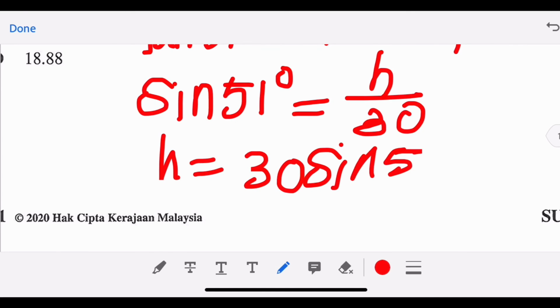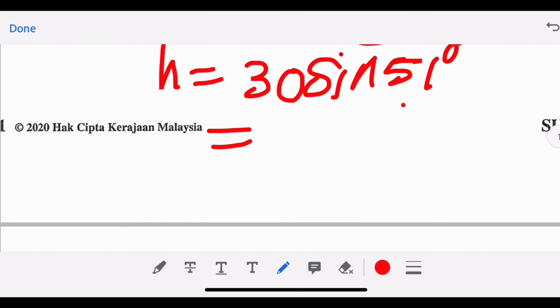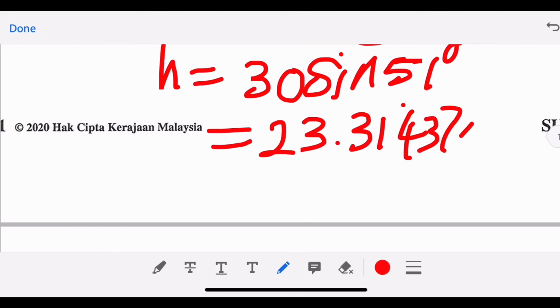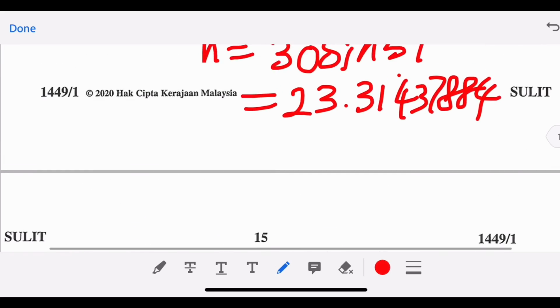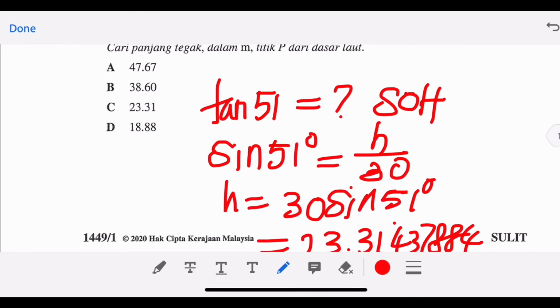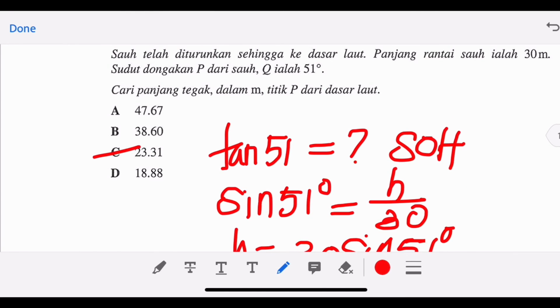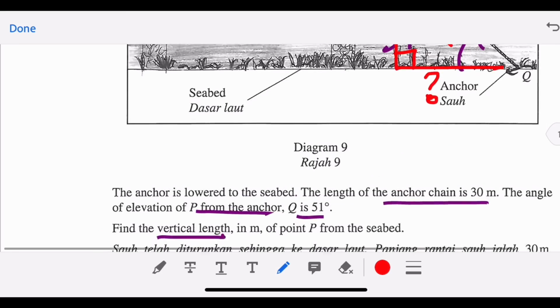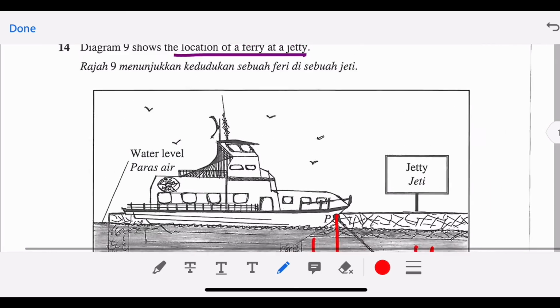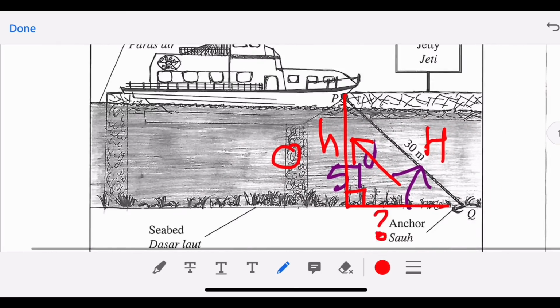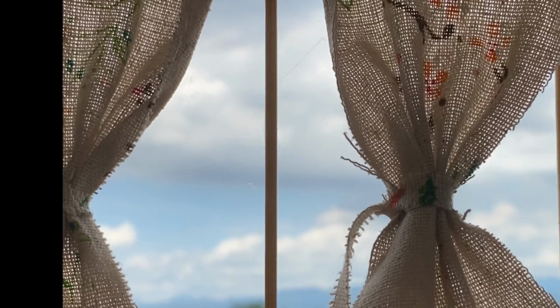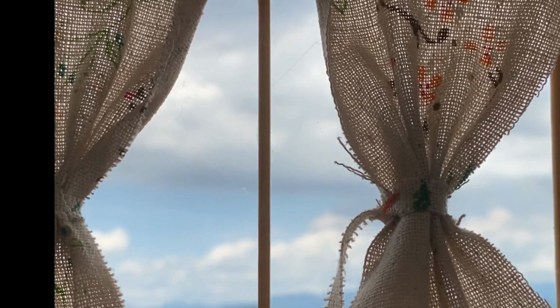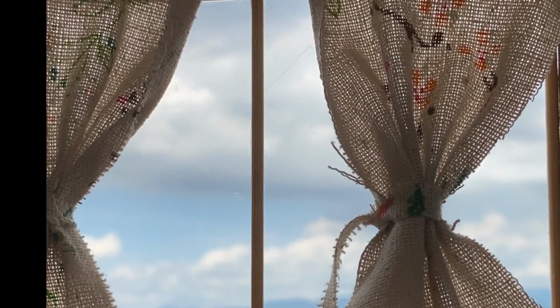So your h is 30 sine 51 degrees. You can press your calculator to get the answer. I'm sure the answer is 23.314378884. The best answer is to round off to four significant figures so that your answer will be accurate. If there is no instruction, we will stick to 4 significant figures.